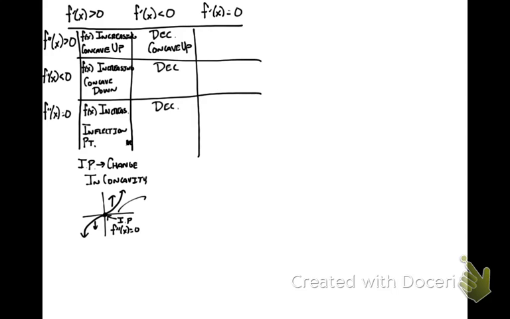When the second derivative is negative, we know that the graph is concave down. And when the function is decreasing and the second derivative equals 0, we know that we have an inflection point there.